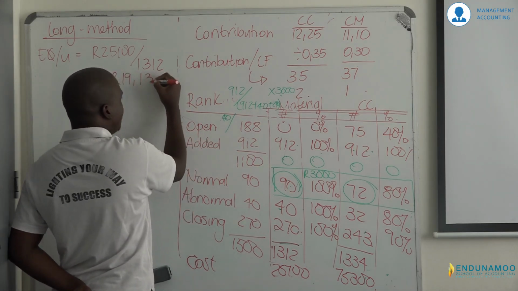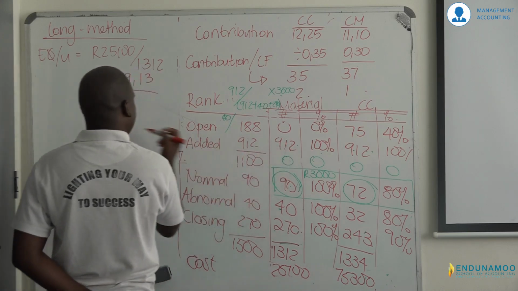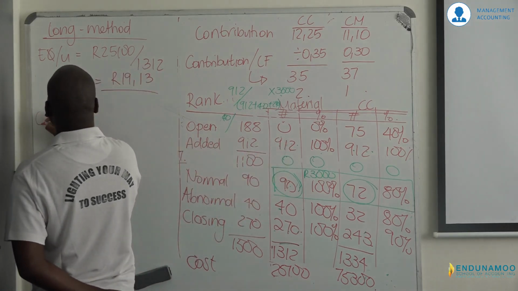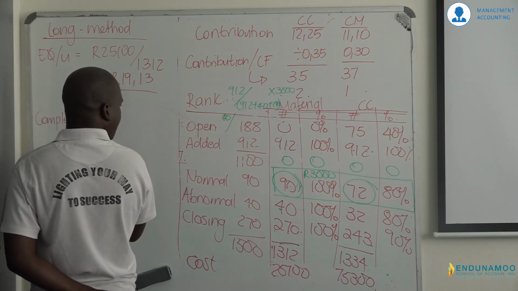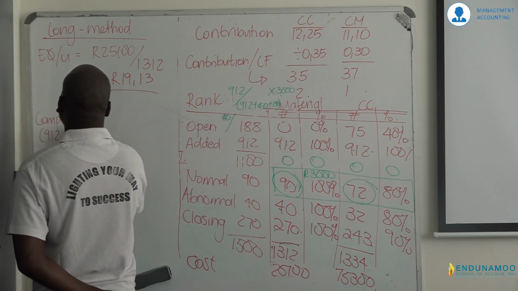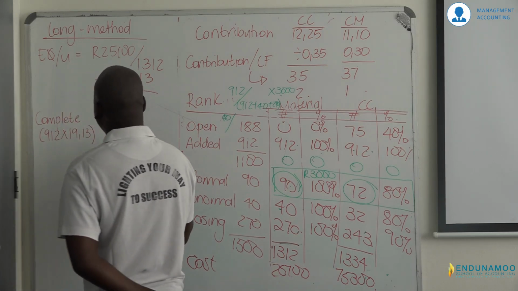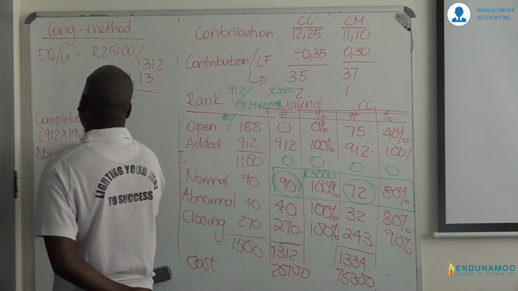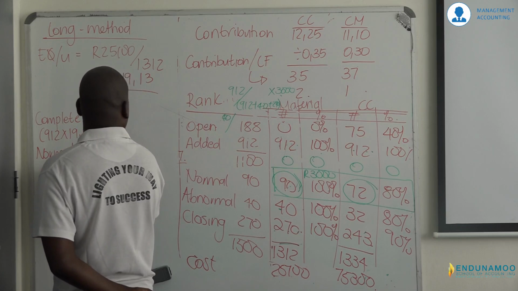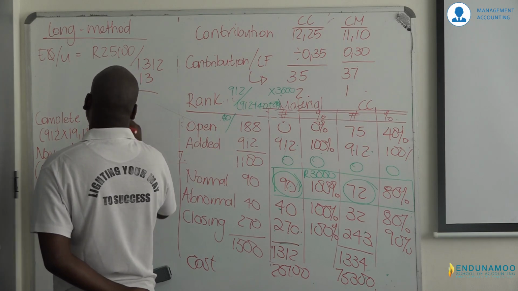So you've got 19.13. Then you'll allocate to completed units altogether. Then you'll say 912 times 19.13, which will be 17,448.